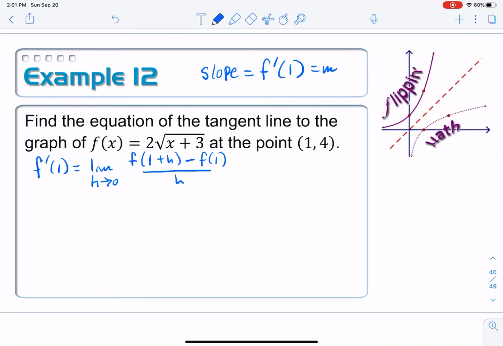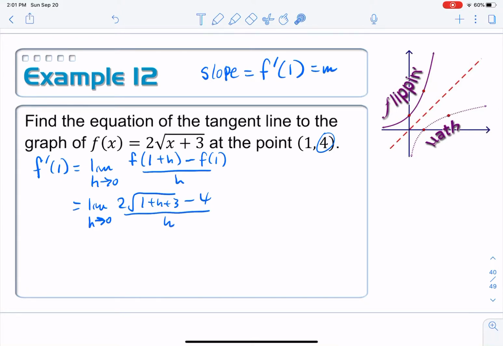All right, now it's time for us to plug 1 plus h in for our x's and rewrite our limit. So f of 1 plus h becomes 2 times the square root of 1 plus h plus the 3, don't forget that thing, minus 4 over our h.